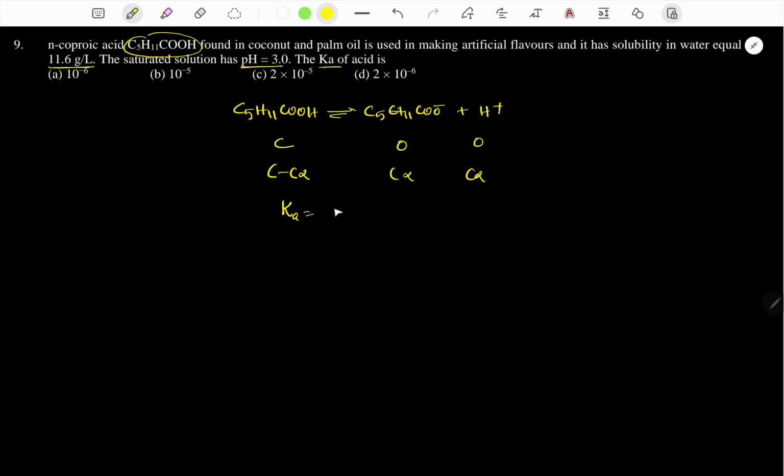Therefore Ka is equal to C alpha into C alpha by C minus C alpha, which you can write simply as C alpha square by 1 minus alpha. And H plus concentration is equal to C alpha, which is equal to root over C Ka, if I take 1 minus alpha approximately equal to 1.